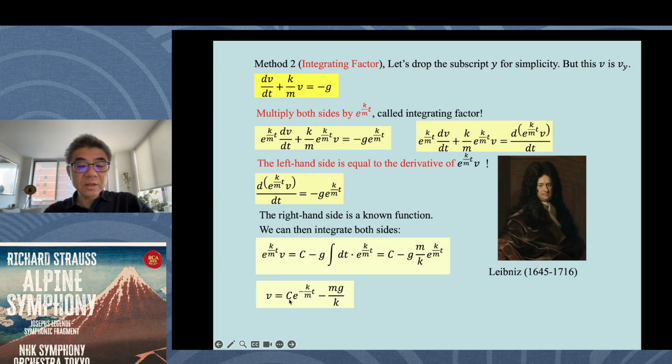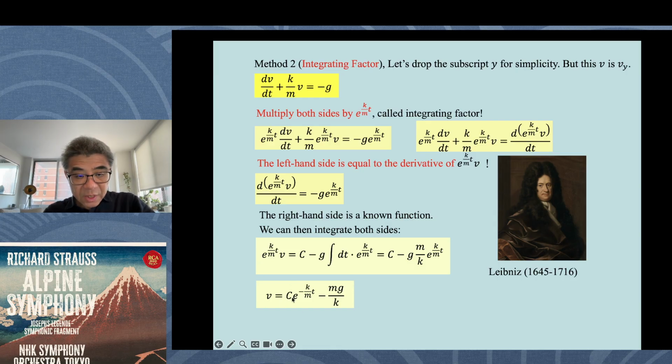To the right-hand side, it makes c times exponential minus k over m times t. And for the second term, this exponential factor simply cancels out. It becomes minus mg over k. So this is the solution we arrive at.